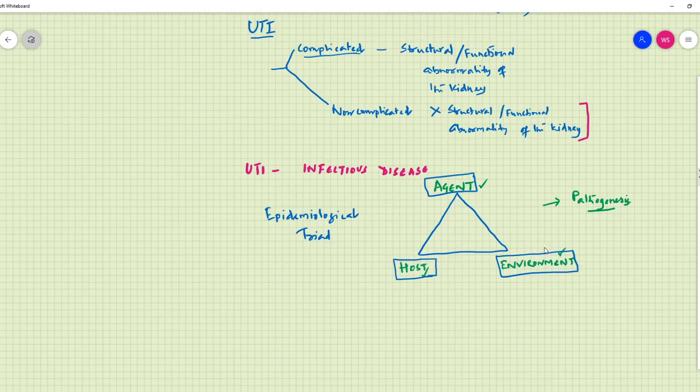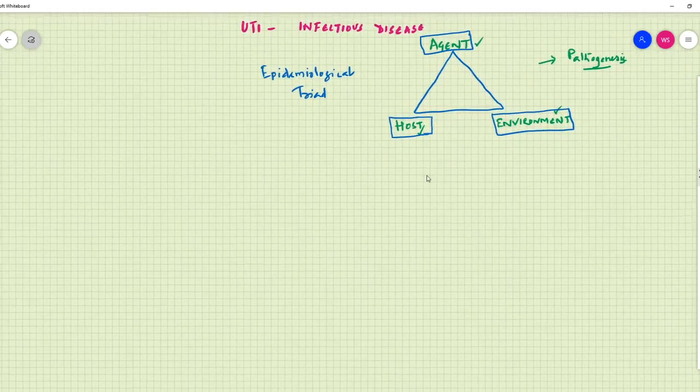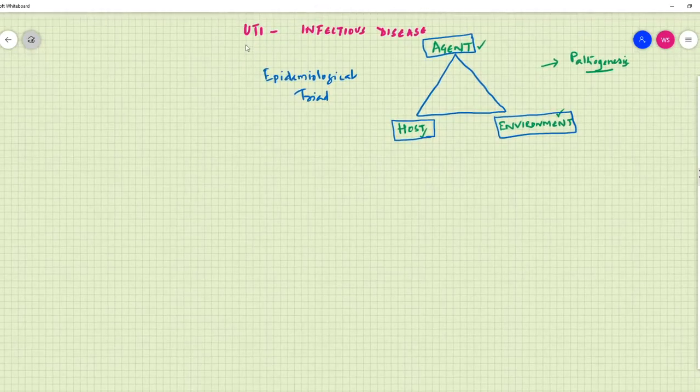So if she stops using the antibacterial soap, then she can reduce her risk of having UTI. So the environment can be modified. That is the intervention that can be done for a UTI.